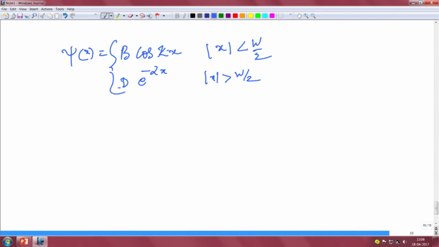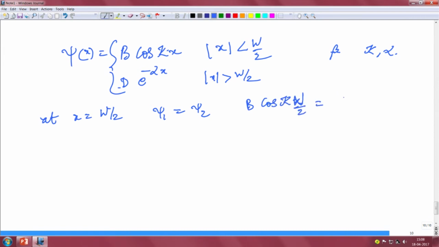Now, let us apply the boundary conditions to find out the exact form of the field, and once again to remind you that we need to find out the beta which is embedded inside the k and alpha in some complicated way. So, at x equals w by 2, psi 1 equals psi 2 implies b cos kappa x, or x I will replace by w by 2, equals d e power minus alpha into w by 2.